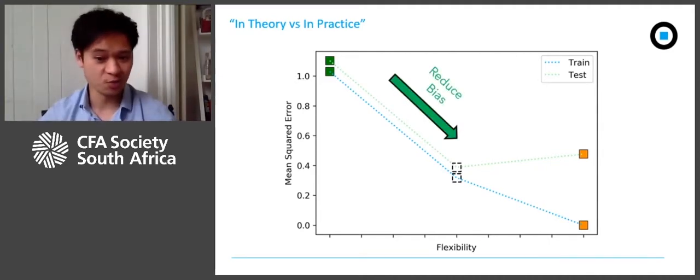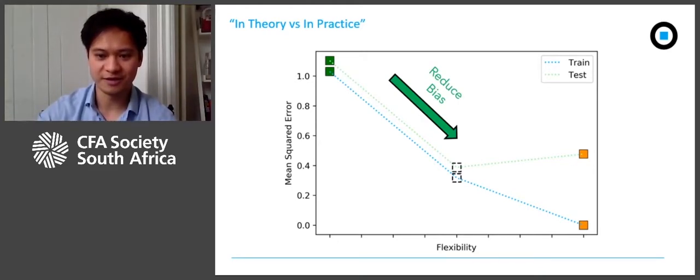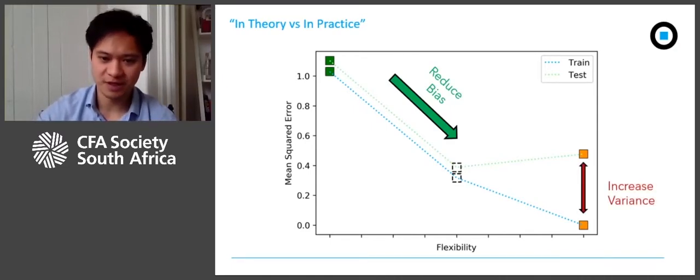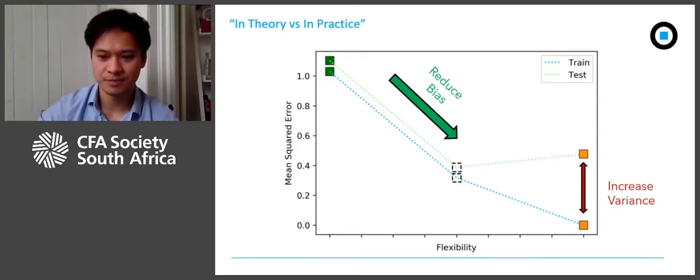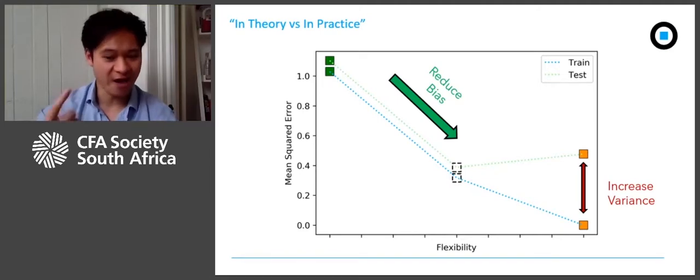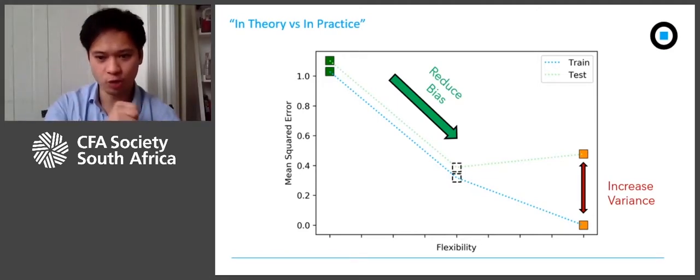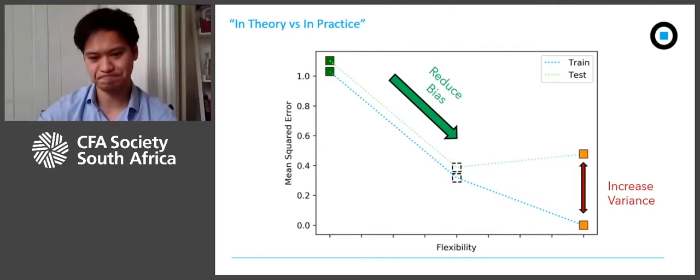As we introduced more flexibility, our third model, the slightly more flexible model, we reduced the bias, we reduced the error. However, when our models became too flexible, so the orange squares there, it didn't generalize well outside of the training data. So we introduced variance into the model's performance between data sets.